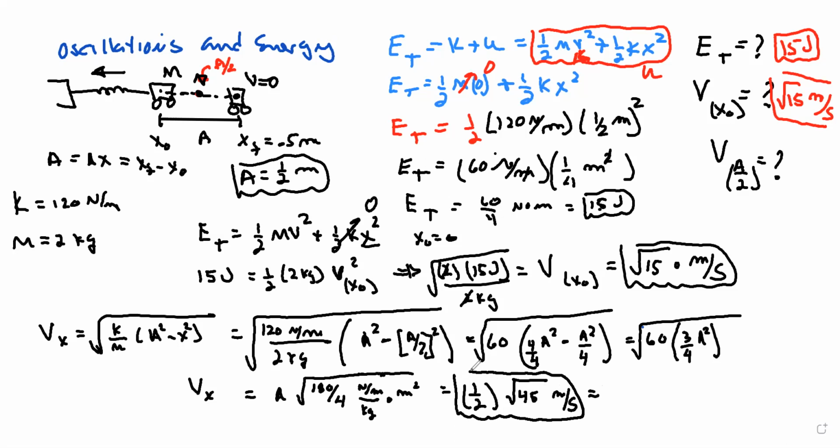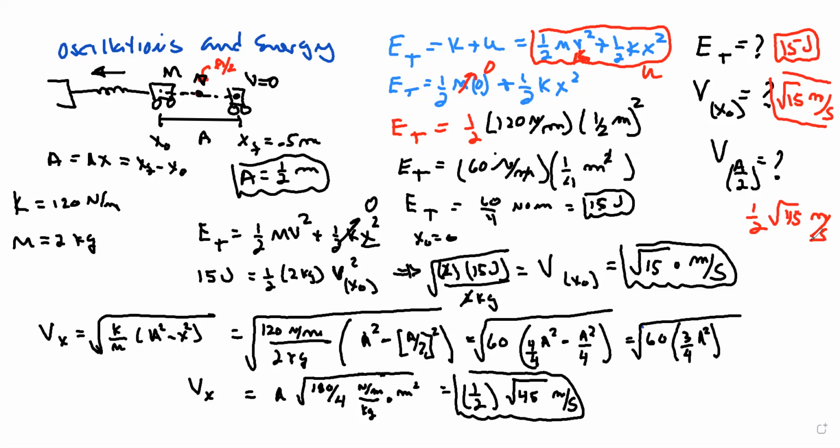And this would be the velocity at that point. So you can put it over here. So you have calculated the velocity. So this is going to be 1 over 2 the square root of 45 meters over second, right there.